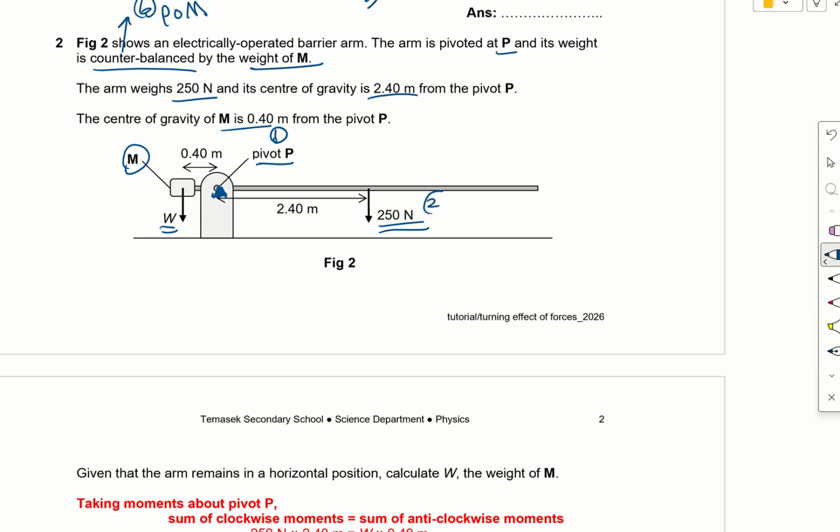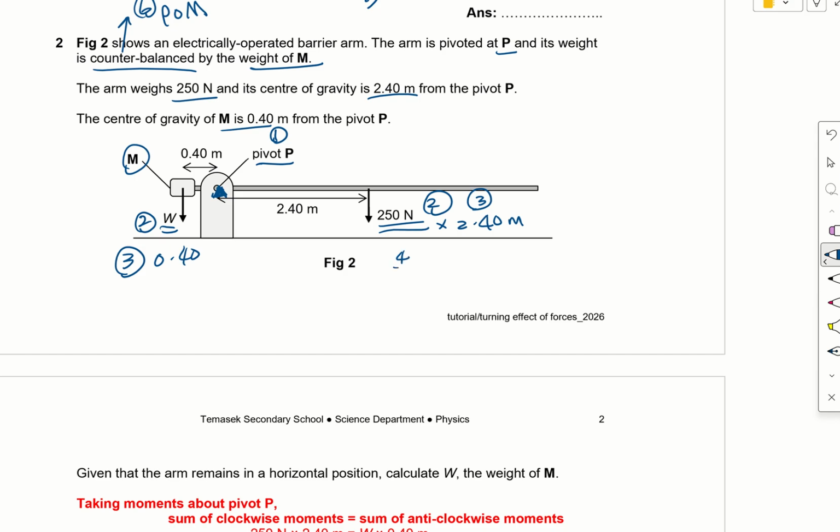Step 2, I have 2 forces, the 250 Newton and the weight of M. Step 3 is to determine the perpendicular distance. So over here, it will be 2.40 meters. For W, my perpendicular distance to the pivot is 0.40.